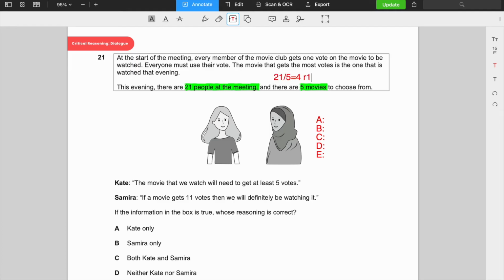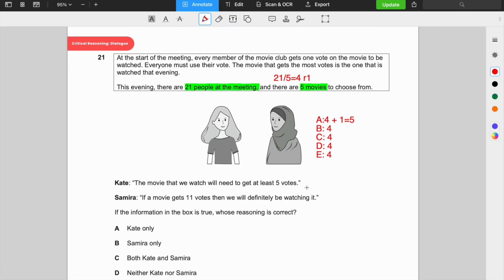Okay, so let's just say that each movie has a minimum of 4 votes. Now, obviously, we still have one last vote, so let's just say movie A gets that one last vote, 5. That's basically the minimum number of votes required for that movie to win, for that movie to be touted overall the most popular, and for that movie to be the one chosen to be watched. Okay, so basically the movie that we will watch needs to get at least 5 votes.